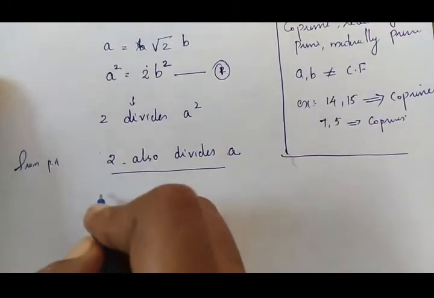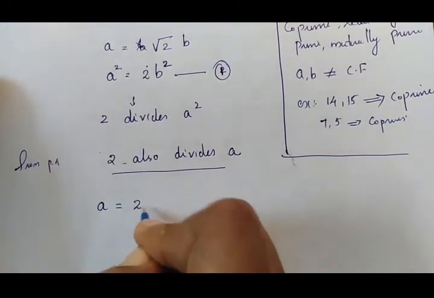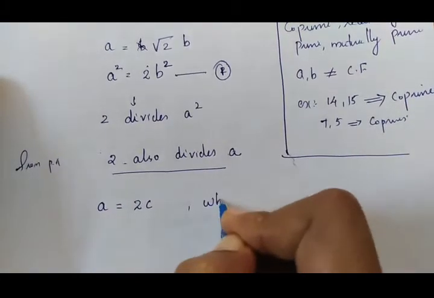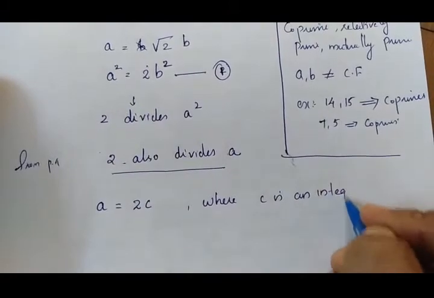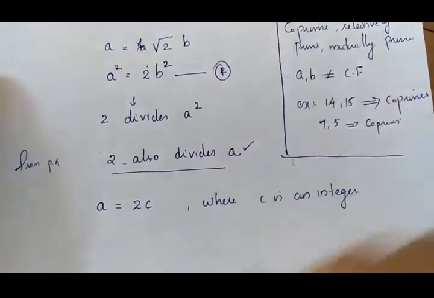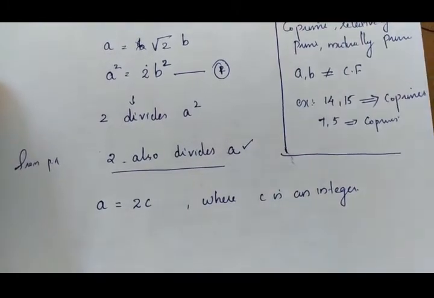Then if 2 divides a, we can write the value of a as a is equal to 2c, where c is an integer. Here we say that 2 divides a. So we can say that a is equal to 2c, where c is some integer.